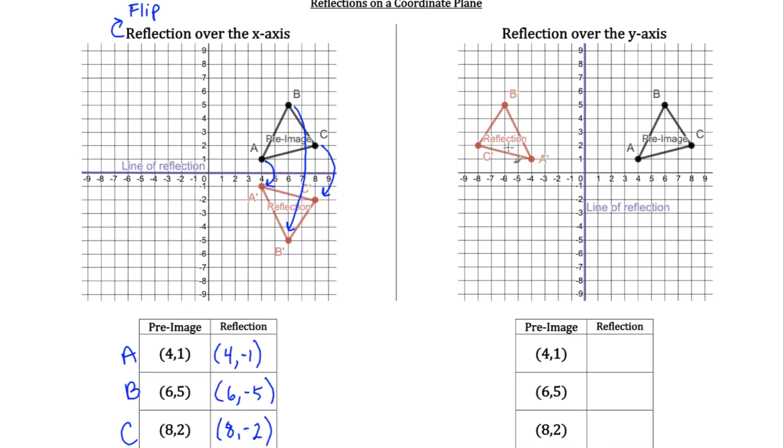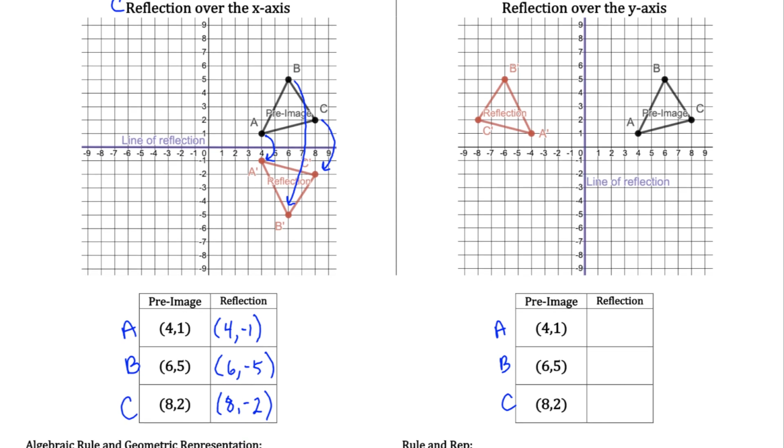Let's go over the y-axis. So this is our line of reflection. The line of reflection is our y-axis. And A, B, C. So 4, 1 becomes negative 4, 1. 6, 5 becomes negative 6, 5.